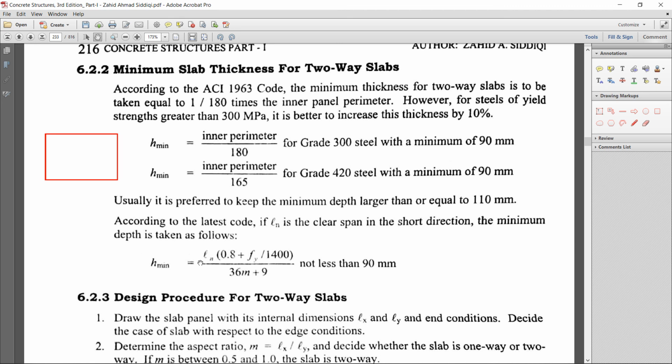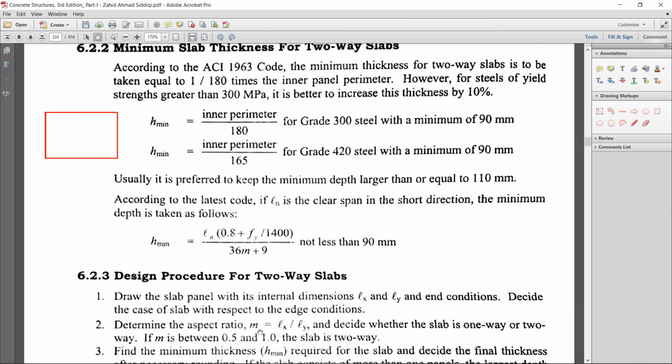We will calculate the minimum depth from this formula: Ln, the clear length in the shorter span, into (0.8 plus Fy divided by 1400), divided by 36 plus 9m, where m is the ratio of shorter to longer span. Please note that m is the ratio of shorter to longer span.